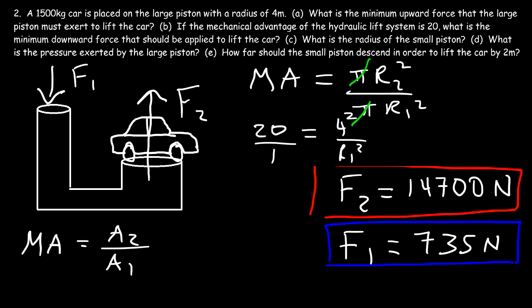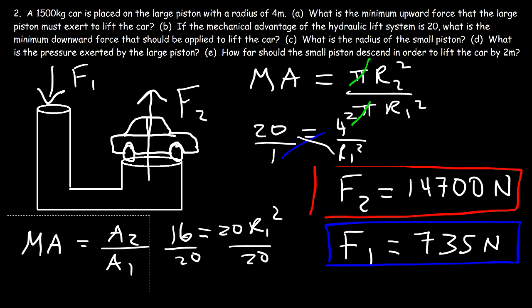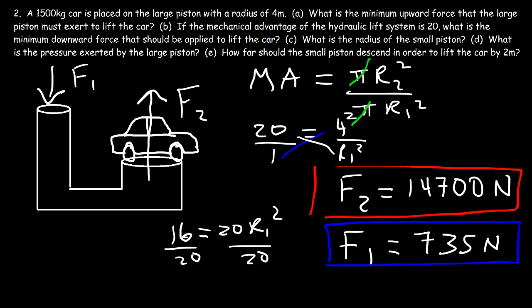So let's cross multiply. So 1 times 4 squared is 16, and that's going to equal 20 times R1 squared. So we need to divide both sides by 20. So 16 divided by 20, as a decimal, that's 0.8.